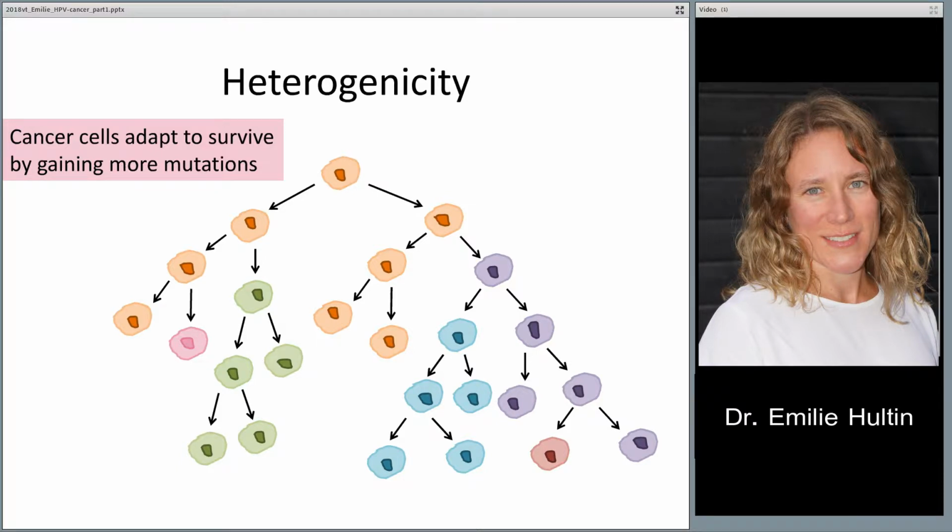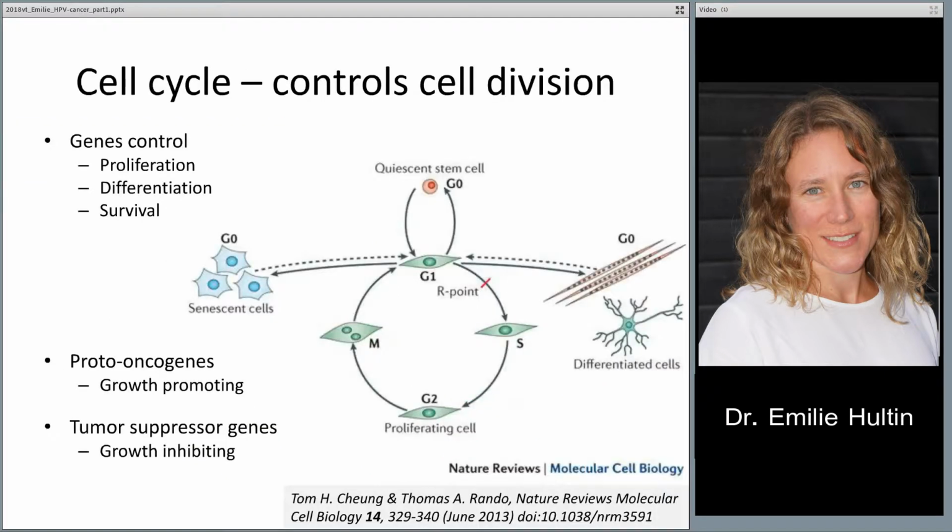The cells within the tumor are very heterogeneous, which means that the cells are not the same anymore. The tumor starts with 1 cell, but during the cell divisions, the cells will gain more and more mutations. So within the tumor, there will be a lot of different mutations within different cells.